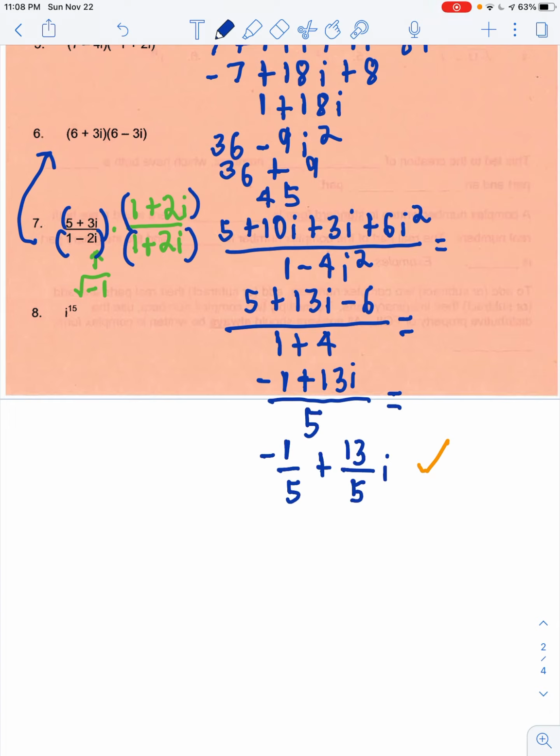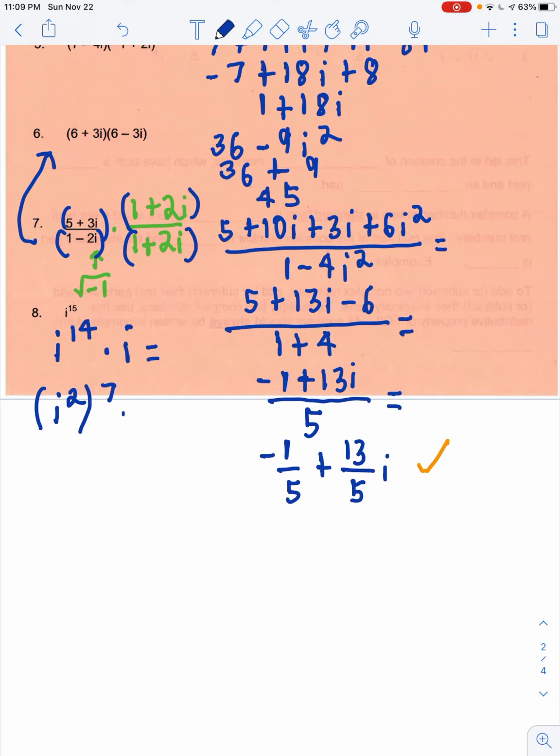All right, last problem. When you have number 8, i raised to a power like 15, we saw the other day, because 15 is odd, we're going to break the i to the 15th into i to the 14th times an extra factor of i. We're peeling off that odd extra factor of i so that the exponent is divisible by 2. That way we can rewrite i to the 14th as a power of i squared, which we know is negative 1.